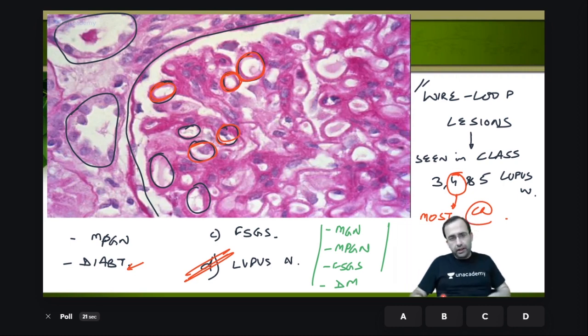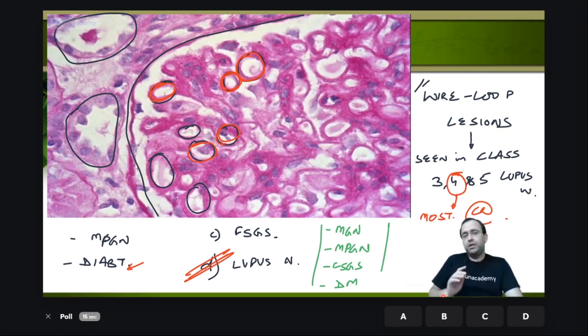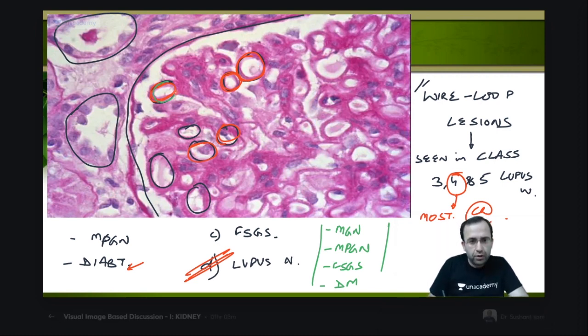Next, again, the question got somehow split between all options. Look, everybody knew this is the difference between application of theory into the image part. We have to learn this. Everybody knew that these are the wire loop lesions seen in class 3, 4, 5 lupus nephritis, but most characteristic of class 4 lupus.